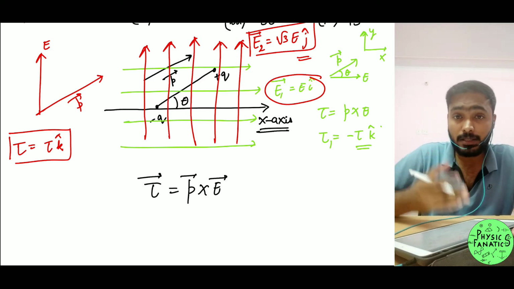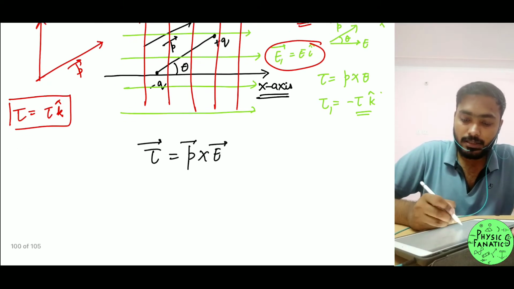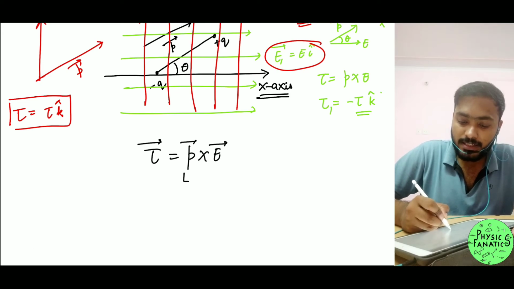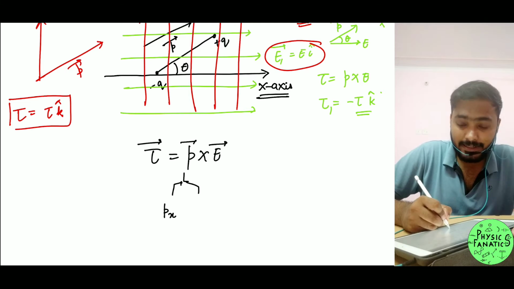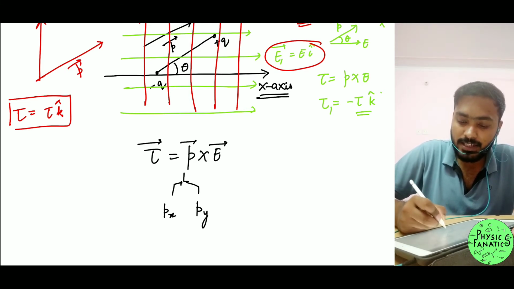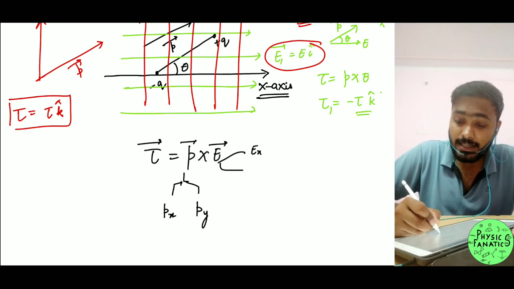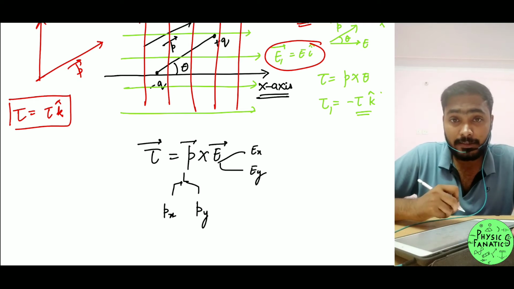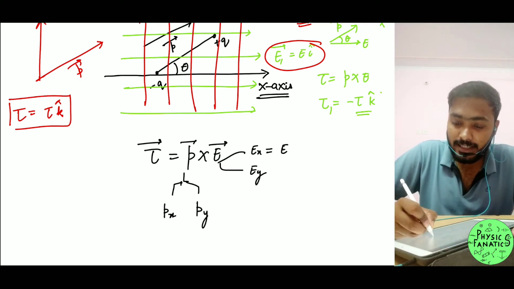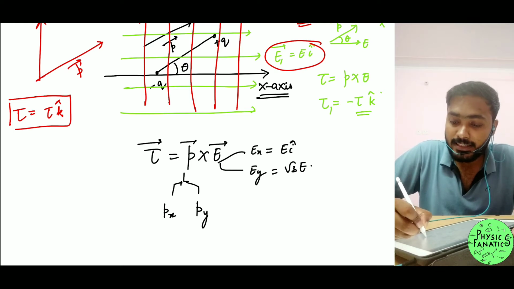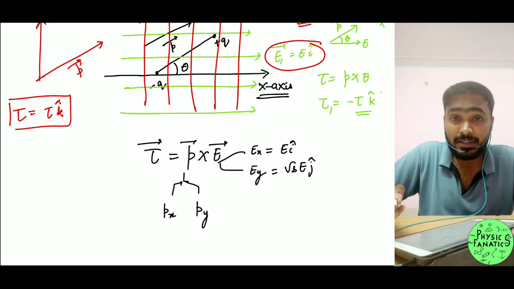Torque is given as P cross E. Now you have to understand your P has two components: P along X, let me call it Px, and P along Y. Very similarly, the electric field also has two components, E along X and E along Y. Is that understandable? E along X is E i cap and E along Y is root 3 E j cap, right? That is given in the question.